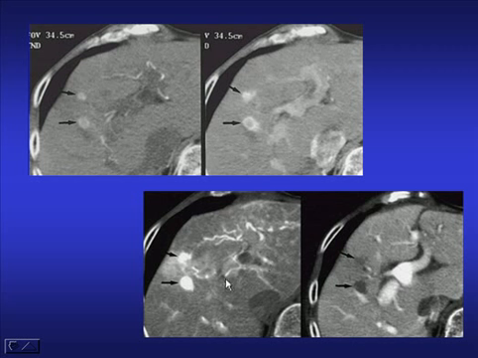And it was shown very elegantly back then that these lesions, even quite small lesions, if they were truly malignant, derived almost their entire blood supply from the hepatic arterial circuit with minimal supply from the portal venous circuit.